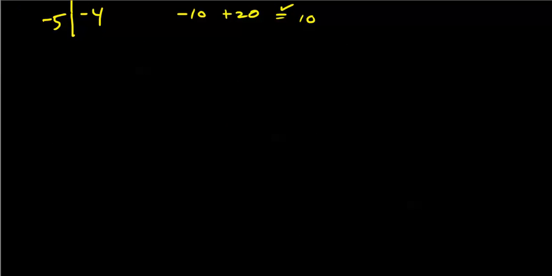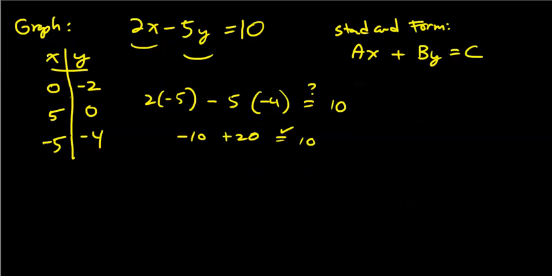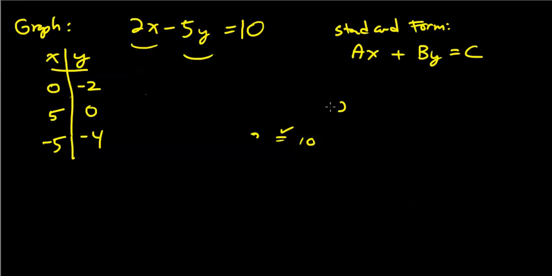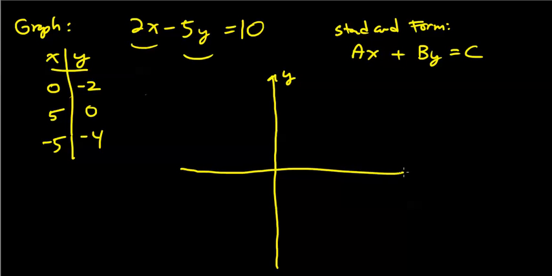Give me a minute here. I'm going to put the graph right here, the best I can. Not doing too bad today. When x is 0, y is minus 2.